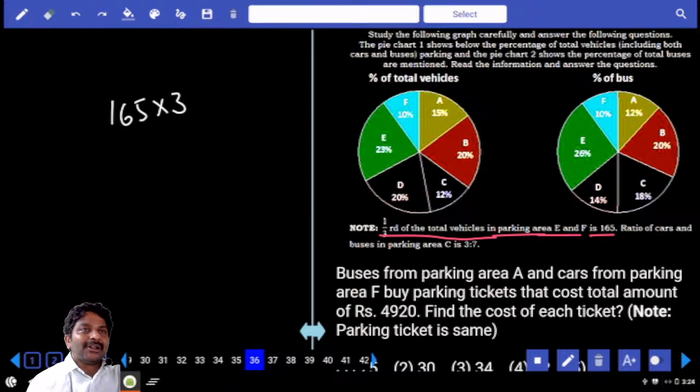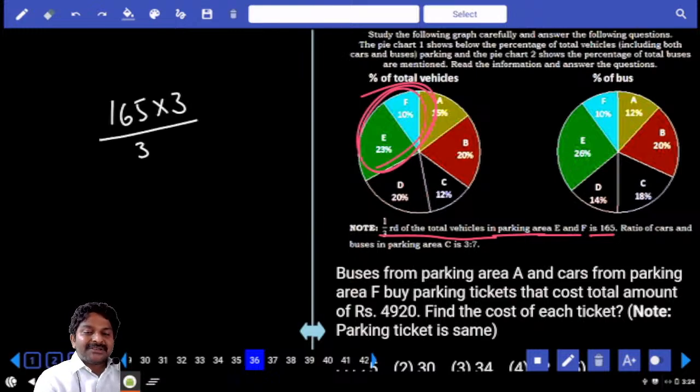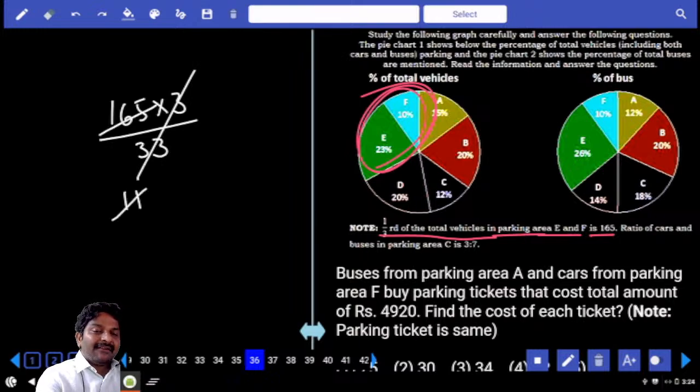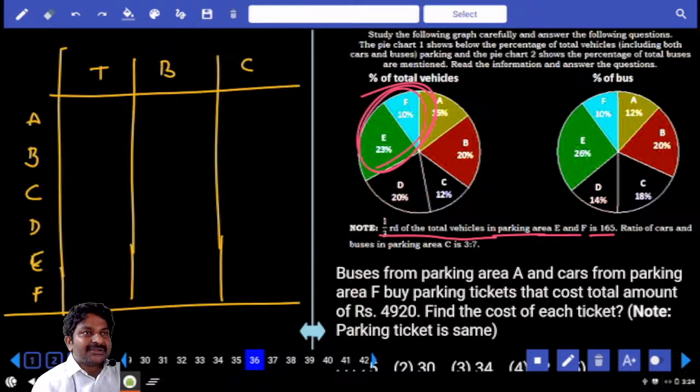Are they talking about total vehicles or buses? Total vehicles. When it comes to total vehicles, E and F both together occupy 33%. Then 1% value is equal to 165 by 33, which is 15. With this data, can we write all total values?